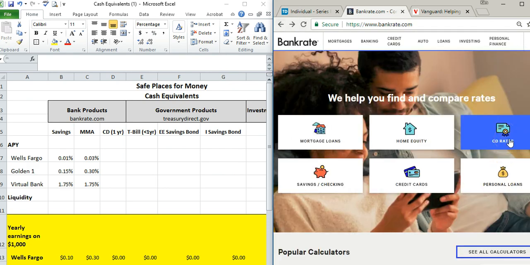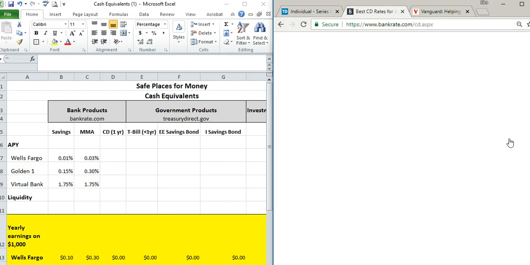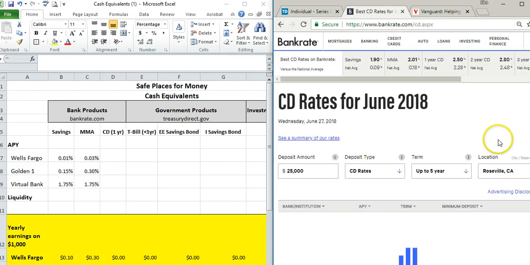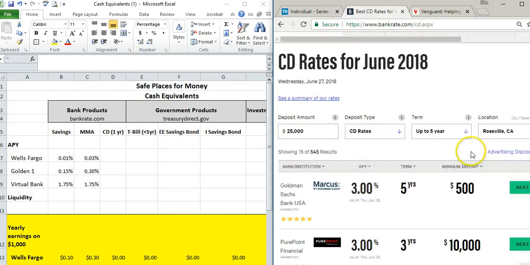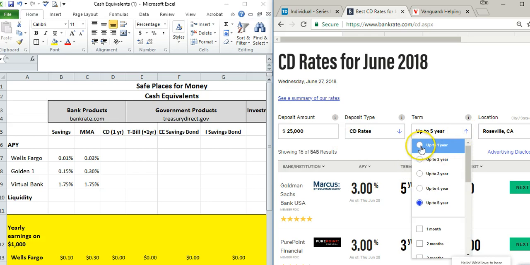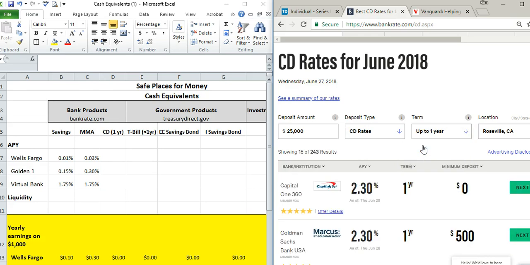I'm going to click on CD rates right here. Now CDs, remember these are the most restrictive. So I would expect to see higher rates, but again, I only want a 1-year term. So I'm going to click on a 1-year term right here, and I'm again going to sort at the bottom.